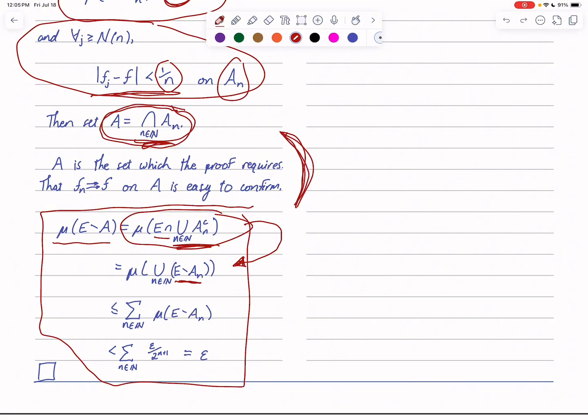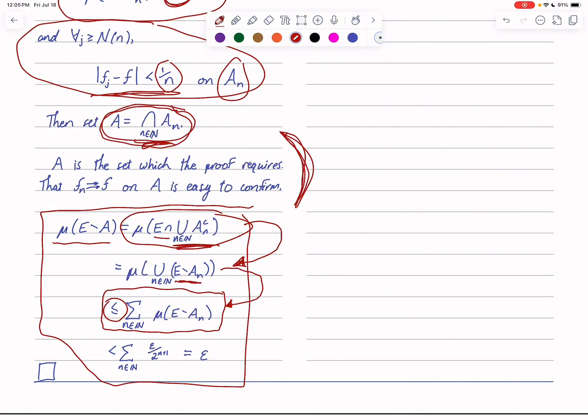Now that we're measuring a union, we had an earlier theorem. We can't necessarily use sigma additivity because we don't know that these sets are disjoint. But we can use the theorem which says that even if you don't have disjointness, you still get this inequality, and that's all we really need.